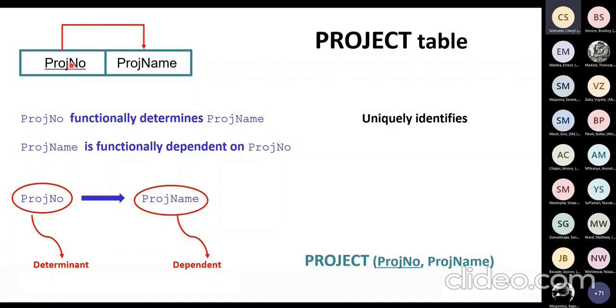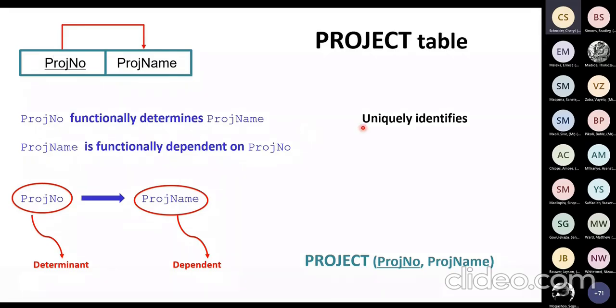So if we enter project number 10, we're going to see the appropriate name for project number 10. So project number 10 functionally determines what value gets shown for project name, dependent on what value was entered for the project number. That's to try and indicate visually what happens with functional dependency.